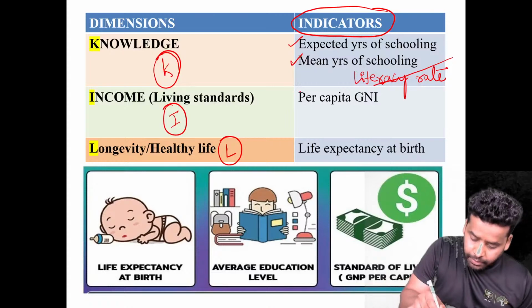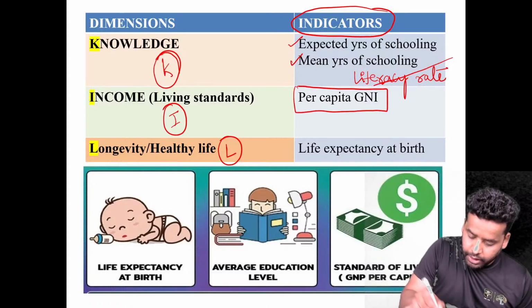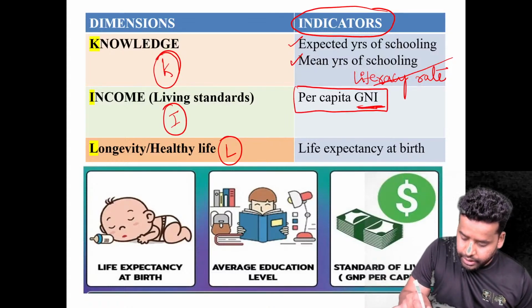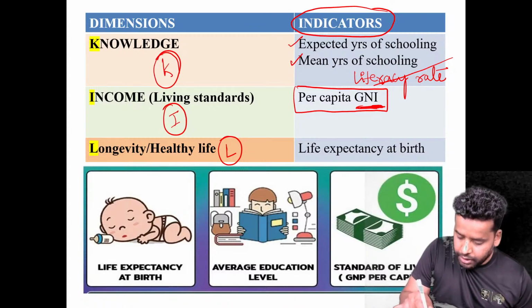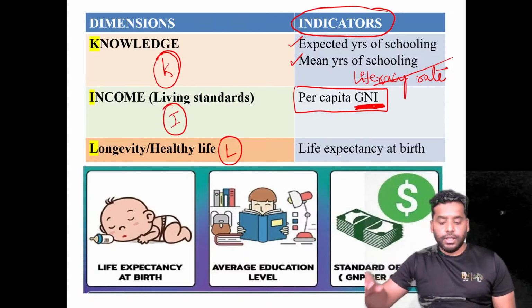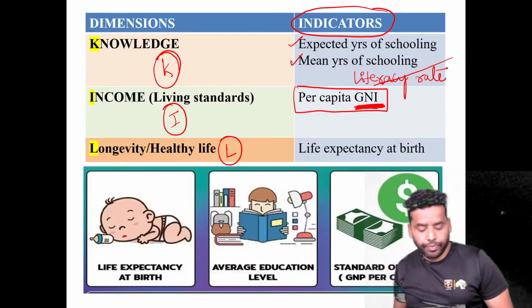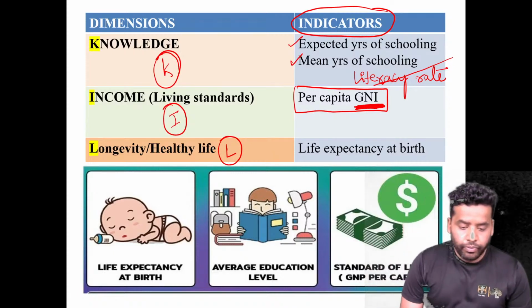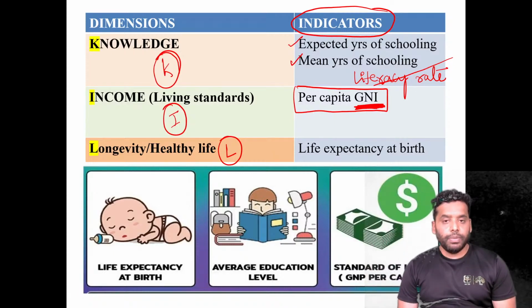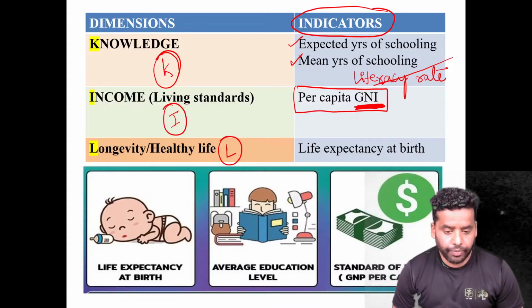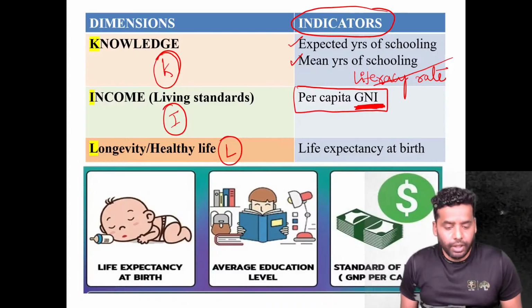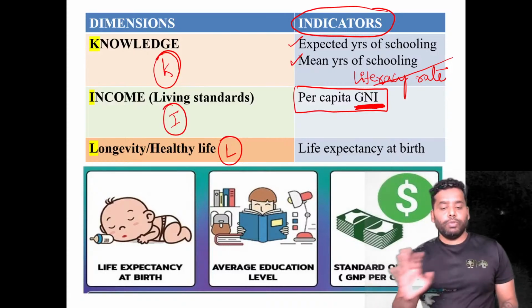What is the income parameter we are checking? GNI or GDP? We consider only GDP. True or false? False. Not GDP. Not just gross domestic product.